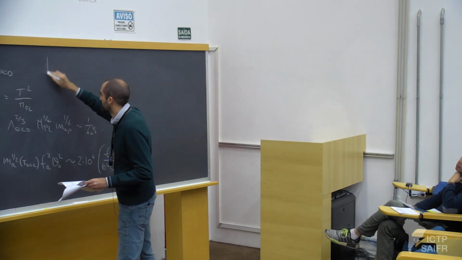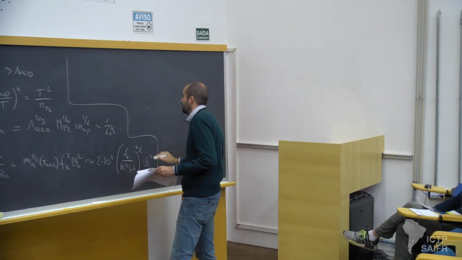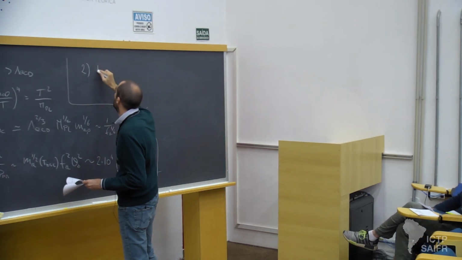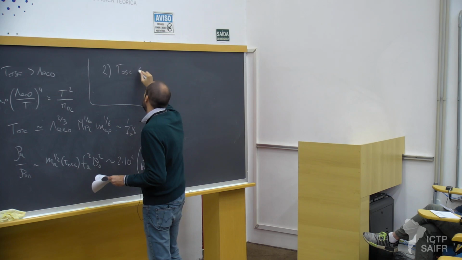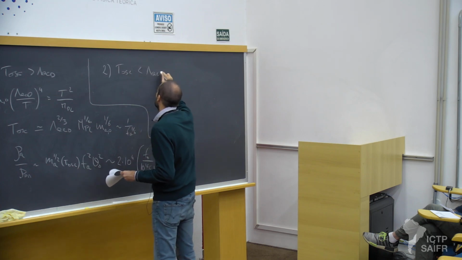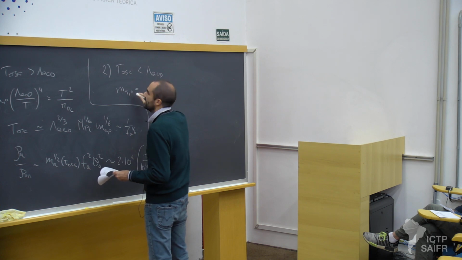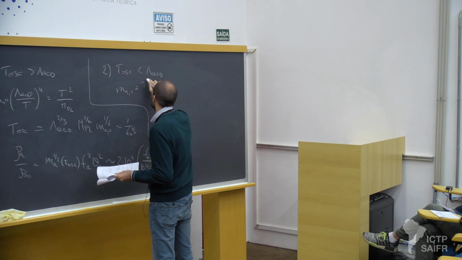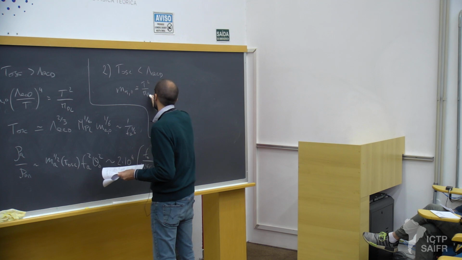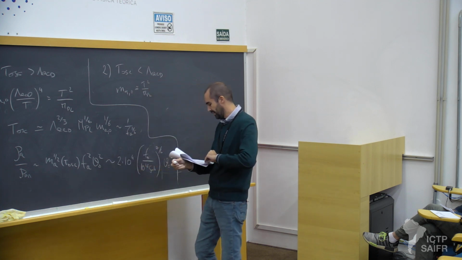Now we have also a second regime where this T oscillation is smaller than lambda QCD. At this point, we can just use the 0 temperature mass, and we're going to get the same result that we got yesterday, sorry, 2 days ago for the scalar.